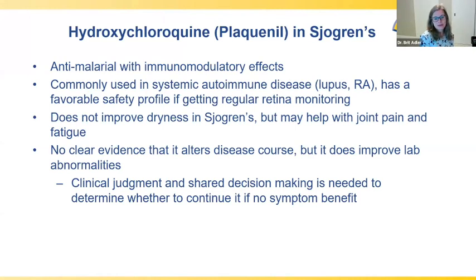And so if you do a trial of Plaquenil and you don't notice any clinical improvement, some physicians will recommend continuing the Plaquenil, hoping to slow progression of the disease. But that's still very controversial, and we still need more studies to show if that's the right thing to do.